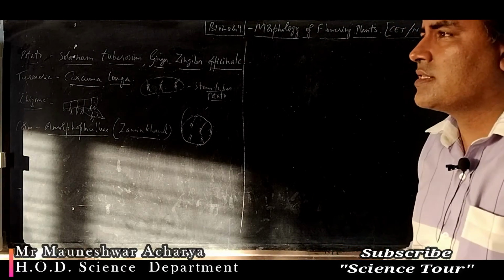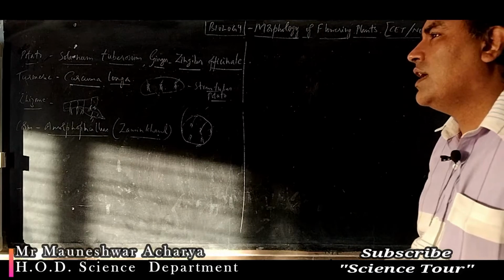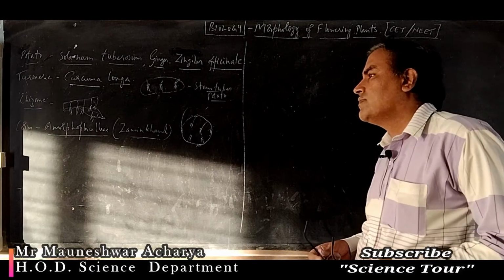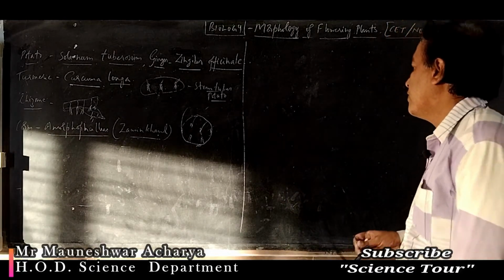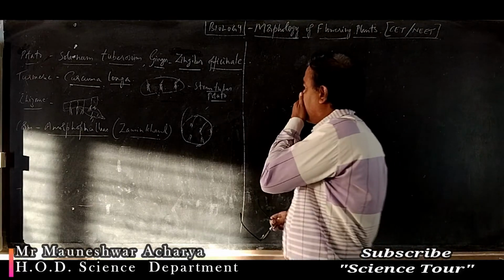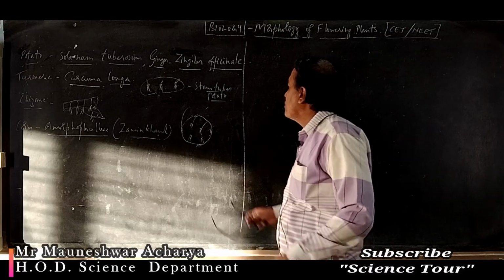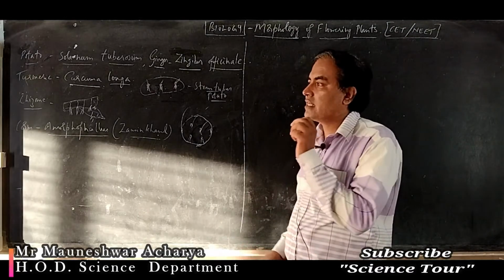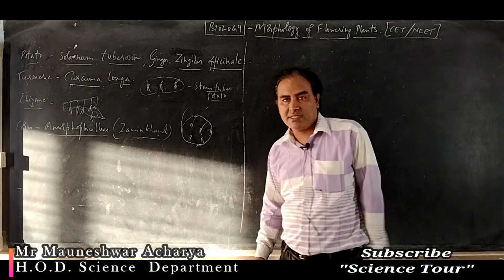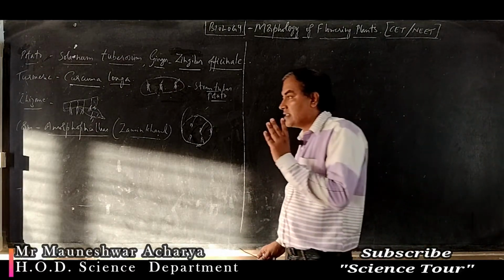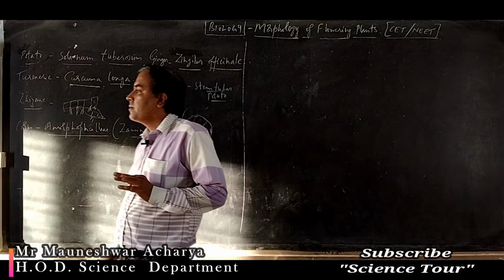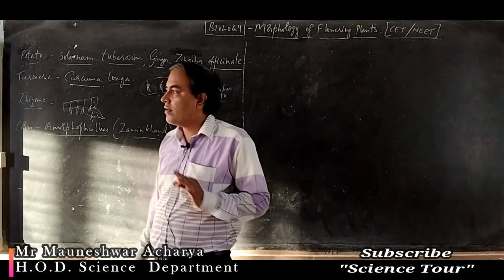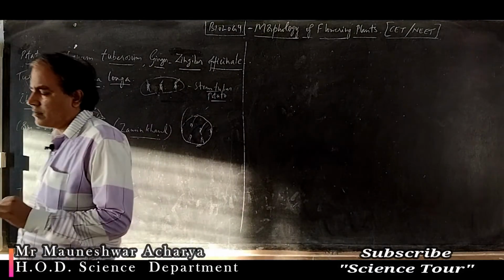From the nodes arise the adventitious roots, and the buds will sprout and a new plant will form. So in potato you can see eye-like structures from which the buds arise. So you learnt stem tuber, you have learnt rhizome, and we have learnt about the corm.